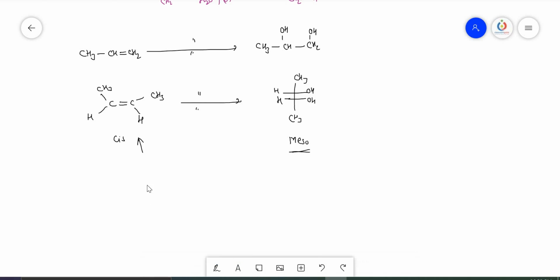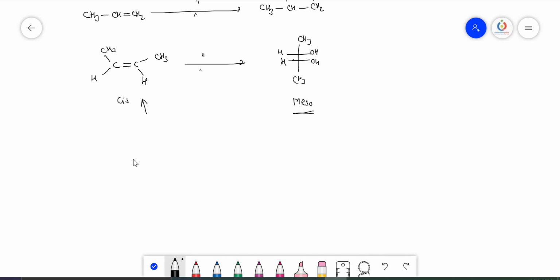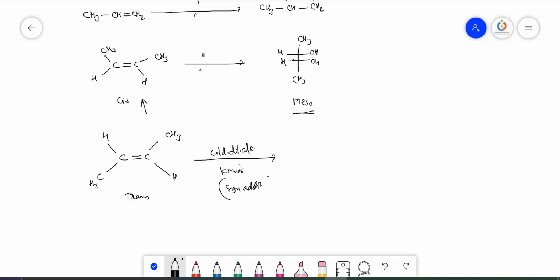Now I'll take one more molecule. CH3, CH3, hydrogen, hydrogen. Now it is a trans one. So cold dilute alkaline KMnO4. It is a syn addition again. So the trans with syn addition means you will get the racemic mixture. Both combinations are possible.